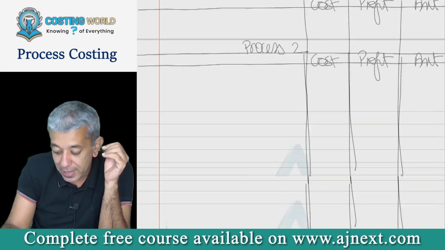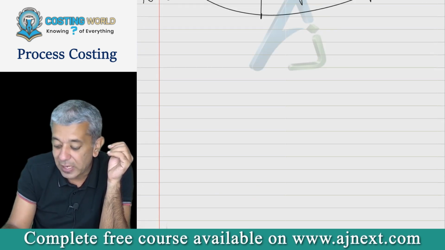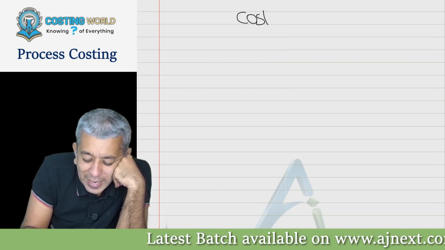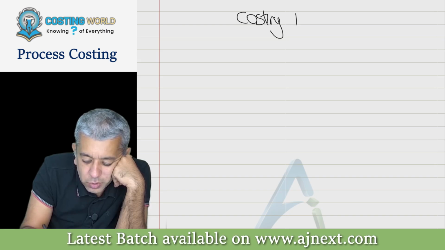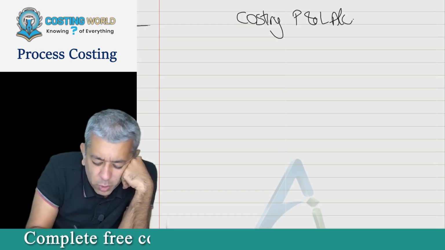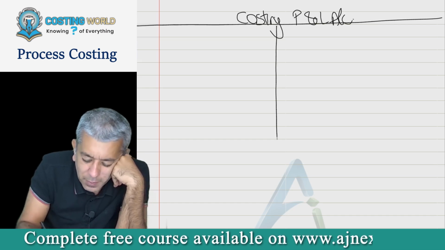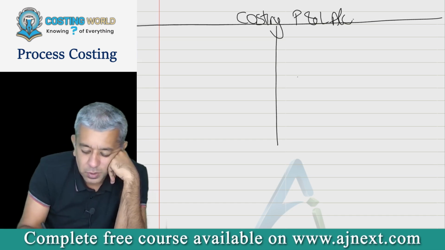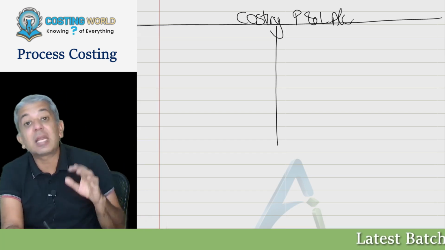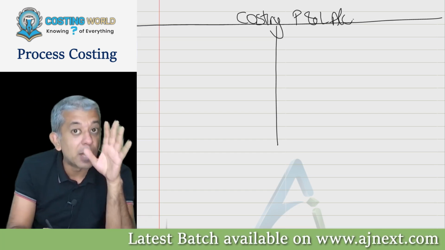Now, one thing I am doing, you all are not doing. When I tell you, you all can try to do that. At the end of this entire question, I can be asked to make a costing P&L account, although it is not compulsory. Costing P&L account obviously is a P&L account of the entire company.